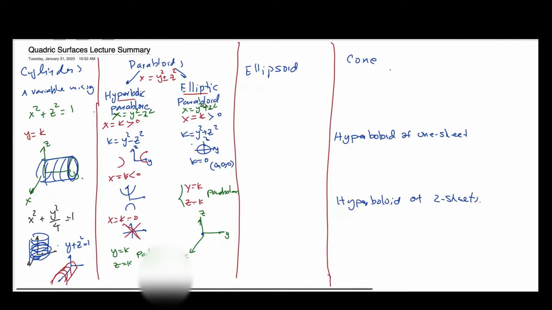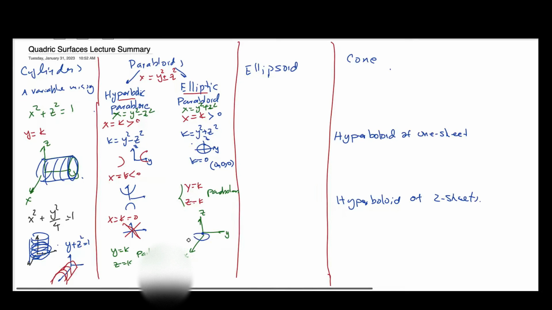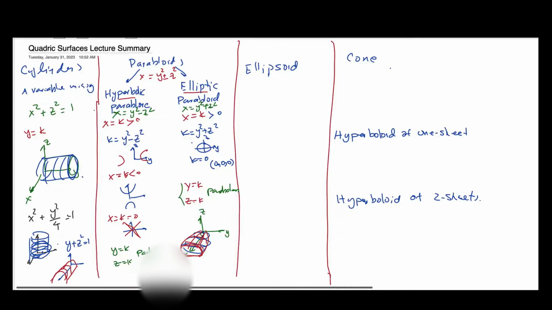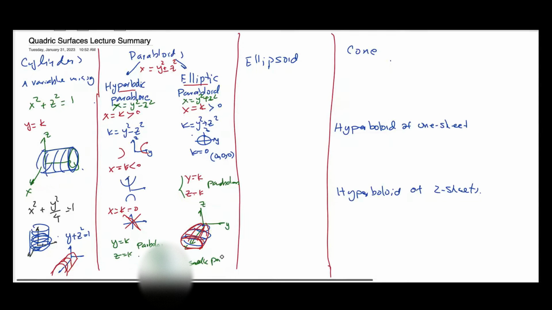For negative value of k, this cross section doesn't exist, and then I would get little ellipses, and they're getting bigger, and then I have the parabolas opening in this direction and in this direction. So overall, this is what you're expecting. It looks like a bowl, or a Pringle, however you want to call it, basically.